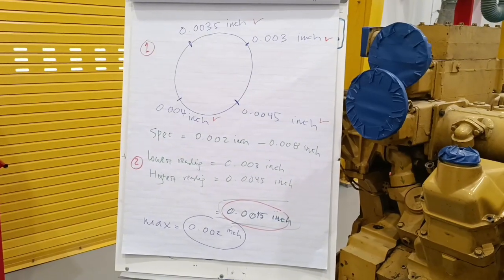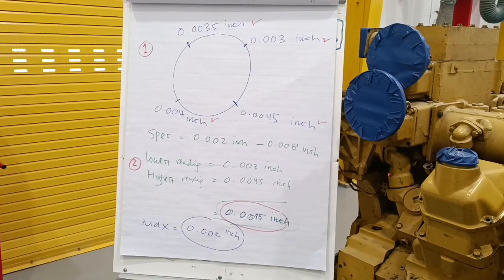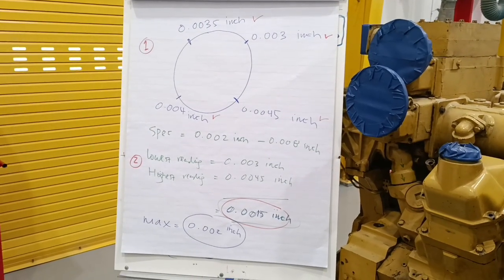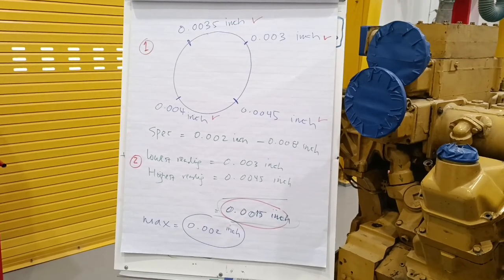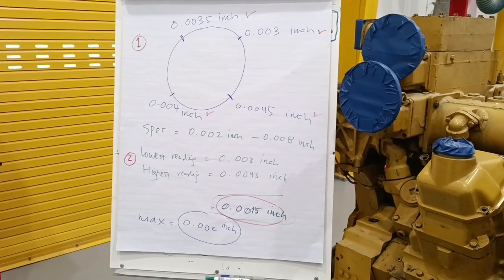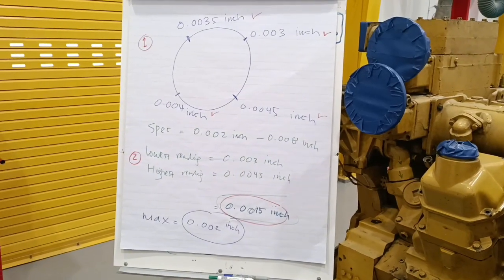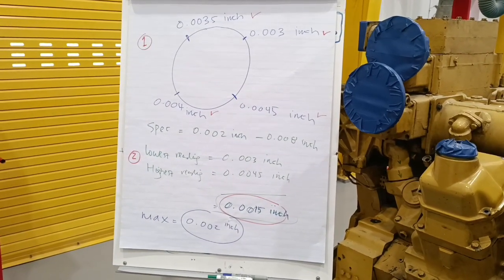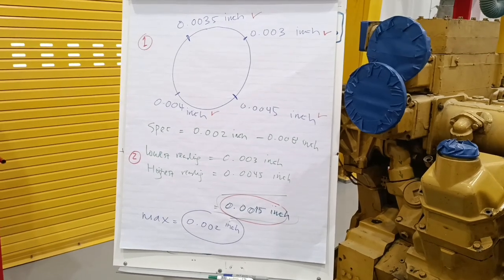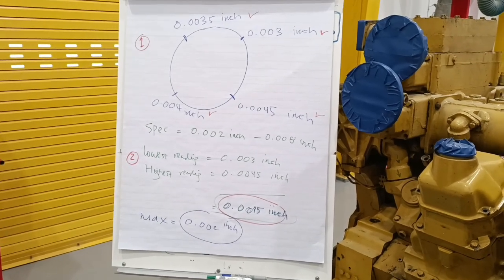The second very important point is that the maximum difference among the 4 readings should be not more than 0.002 inch.